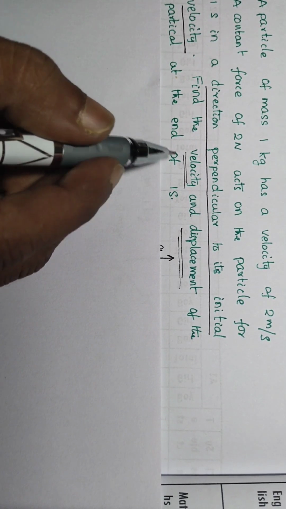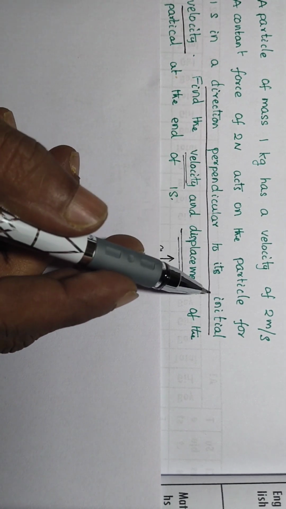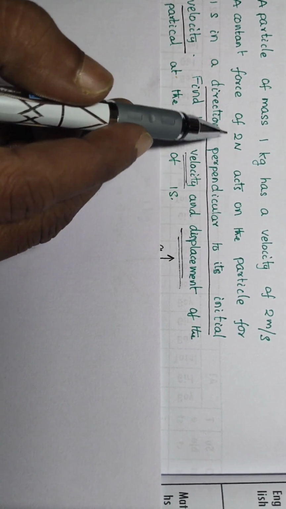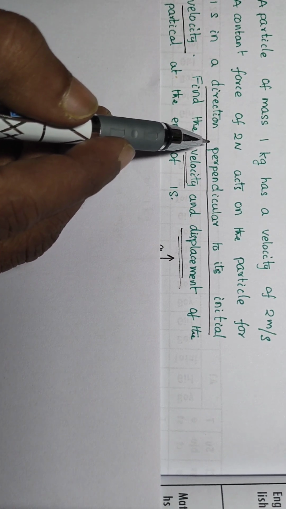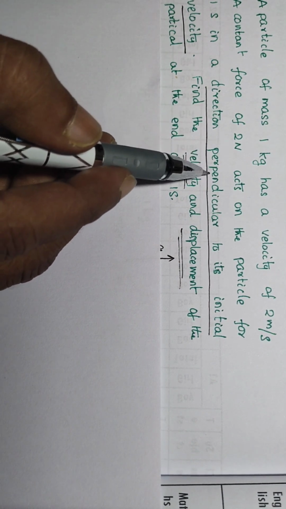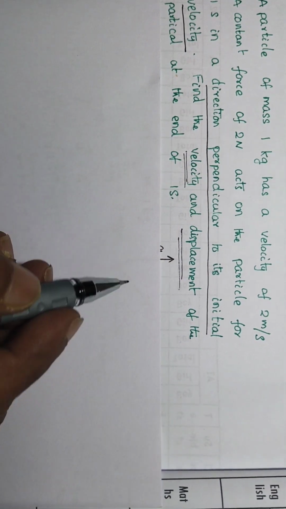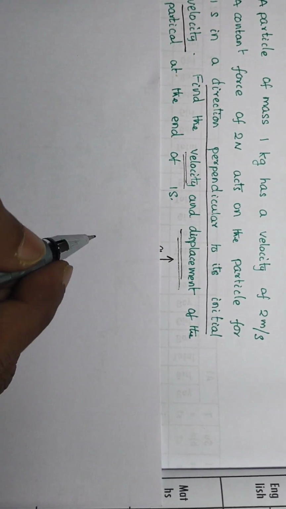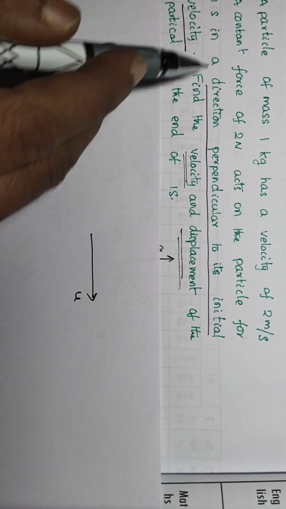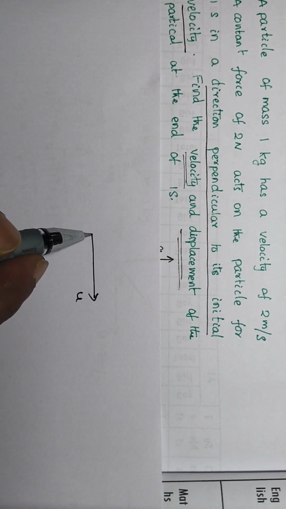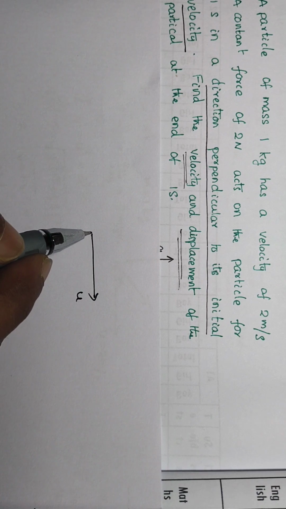He is asking. So here the direction perpendicular to its initial velocity means the acceleration and the velocity directions are perpendicular to each other. Let us take the initial velocity u in this direction, and the force direction, the net force direction, the acceleration direction is also there.